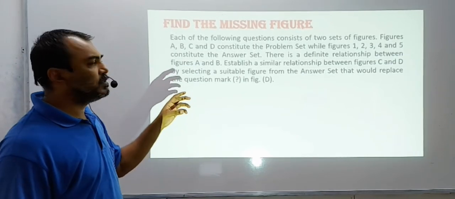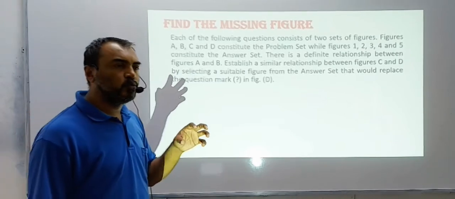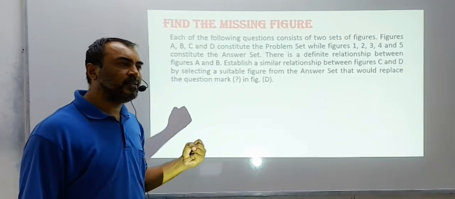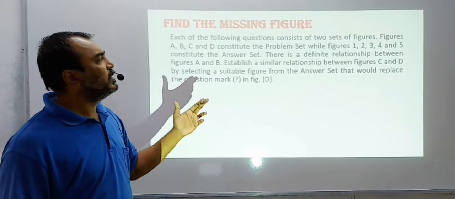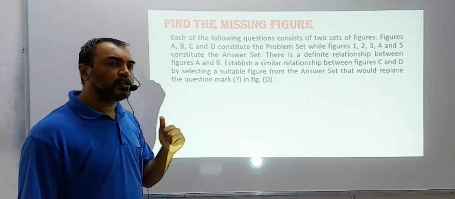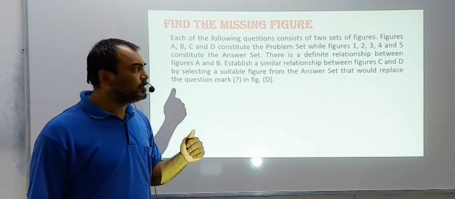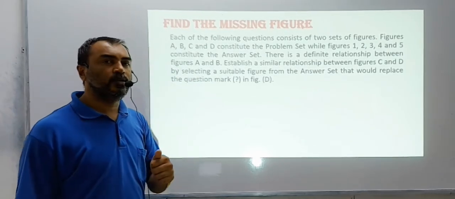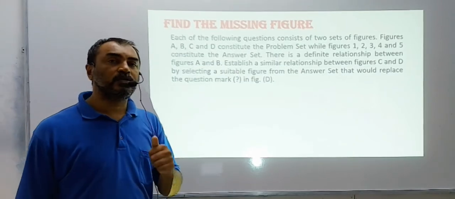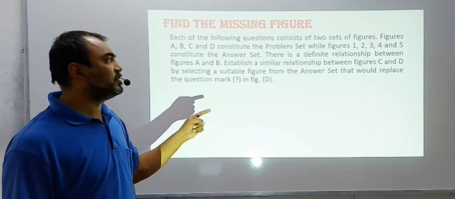This test will tell you how fast you can understand the instructions and apply accordingly. Different sums have different instructions, and the first practice you have to do is to read the instructions properly and understand them fully. Never try to attempt sums directly. Read the instructions first and understand them.